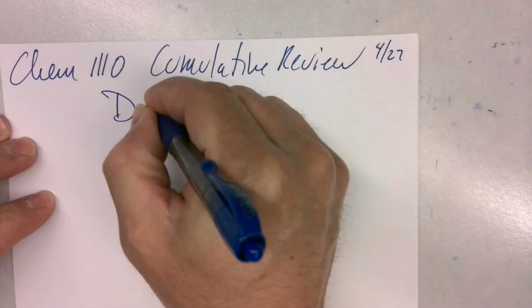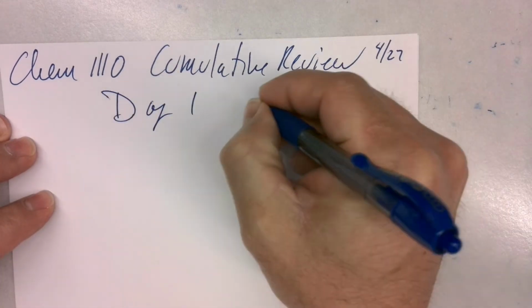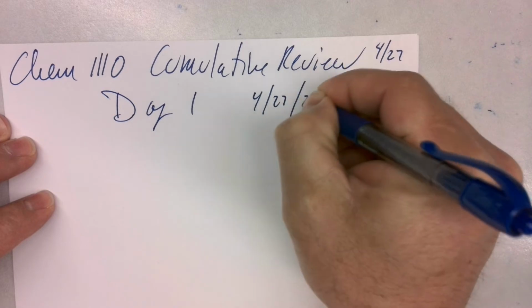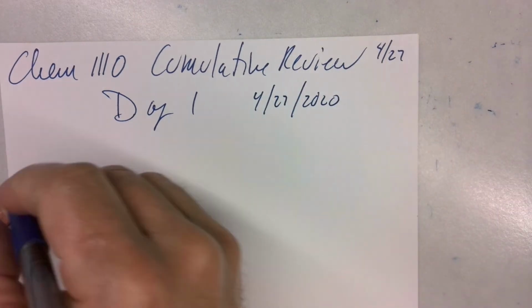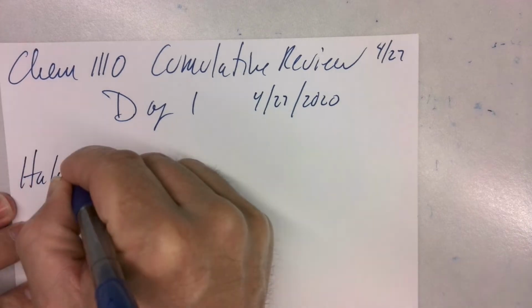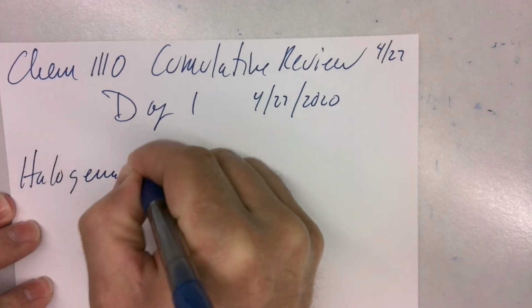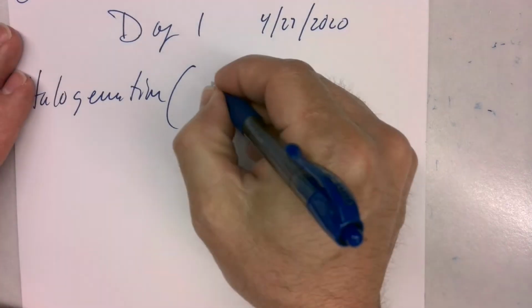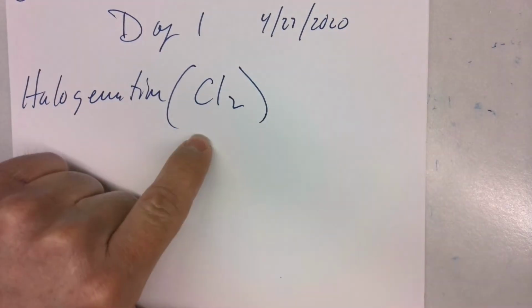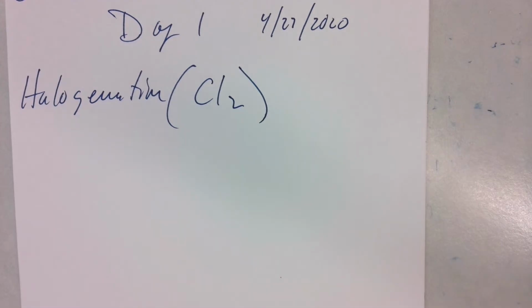We're just going to call this day 1, and this is 4/27 of 2020. Now, halogenation. The problem is that what I'm going to show you right now only applies to Cl2, and they do this two different ways.